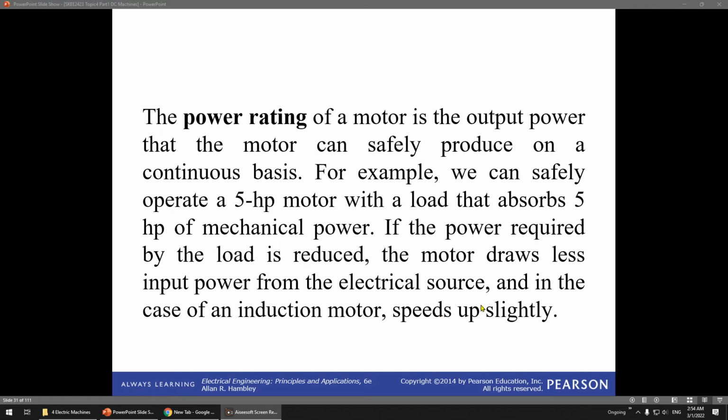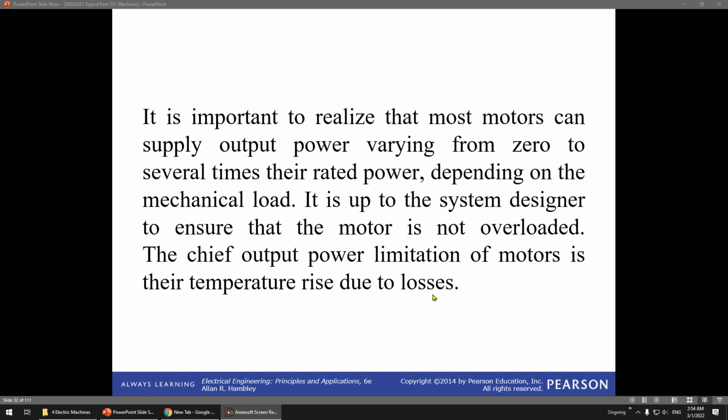So this one is about AC. For induction motor, like I said before, induction motor is not good in speed control. Why? Because if you reduce the load, the speed increases. So this is important.